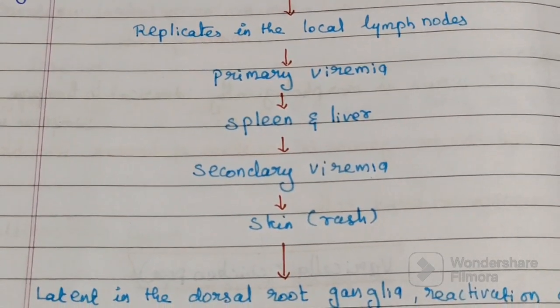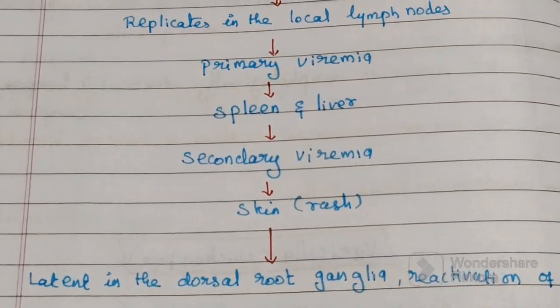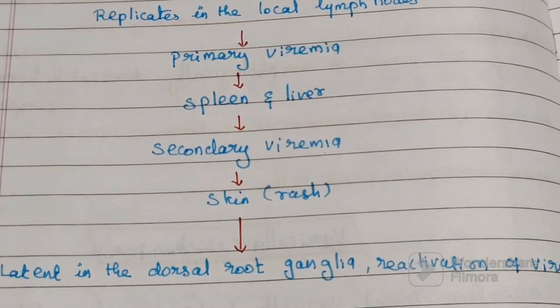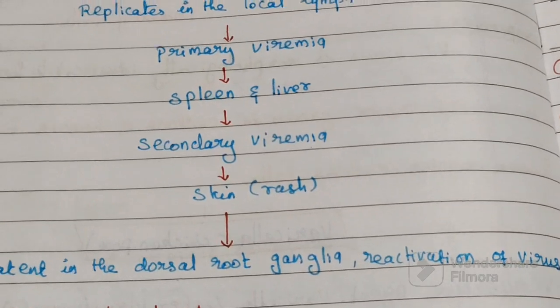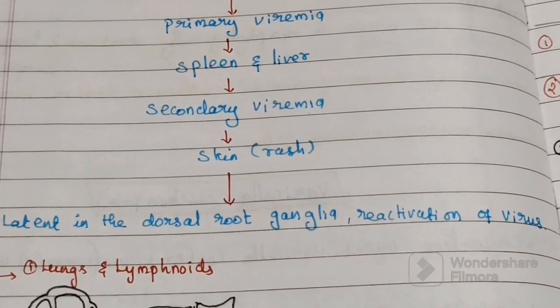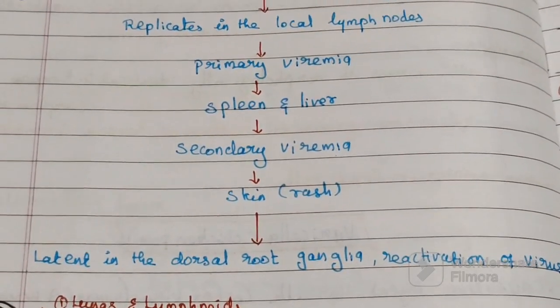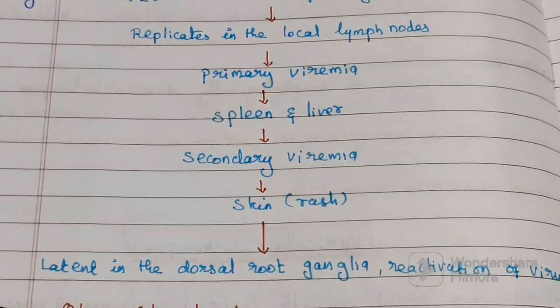Then it goes to the dorsal root ganglion, remains there for years, and reactivation causes another disease, called shingles, zoster.